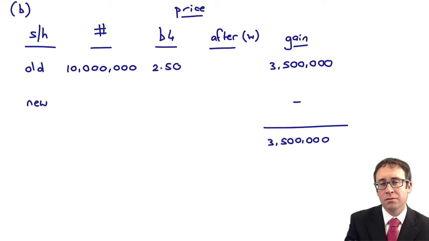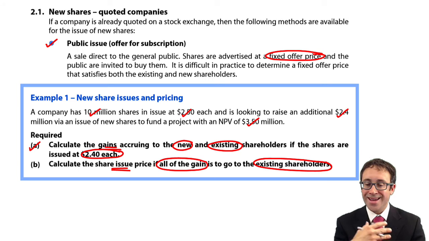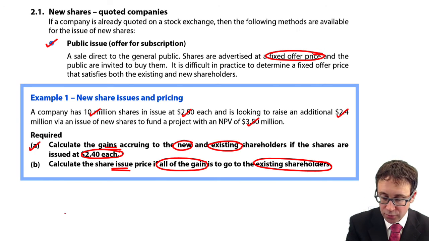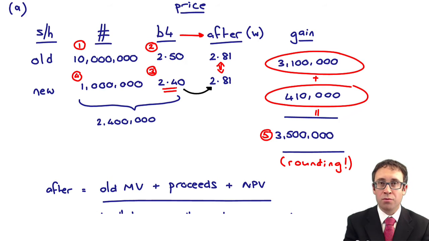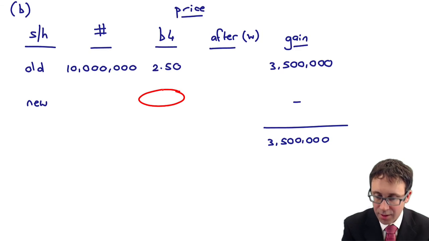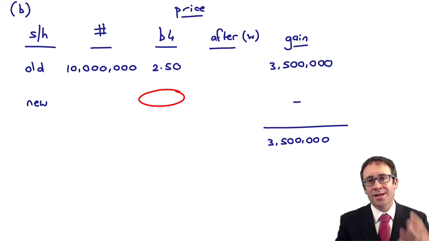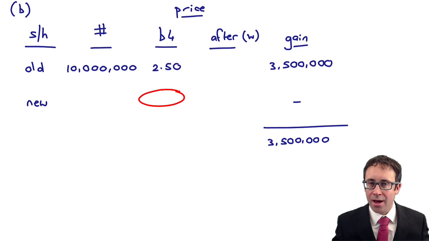And the question is asking us, if we go back to it, what is the share issue price? So in part A, it was $2.40. And in part A, there was the issue price, $2.40. So what we're looking for is this figure there. What are the new shareholders going to pay to get their hands on the new shares? Okay. How do we work it out?